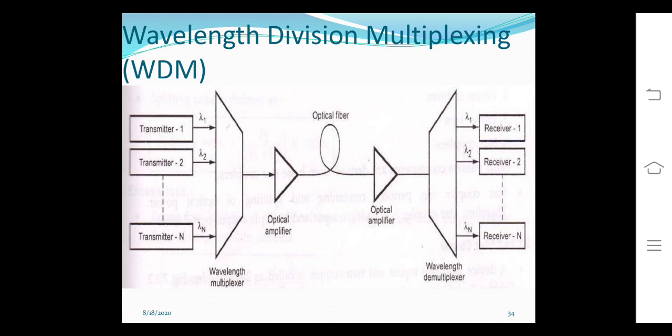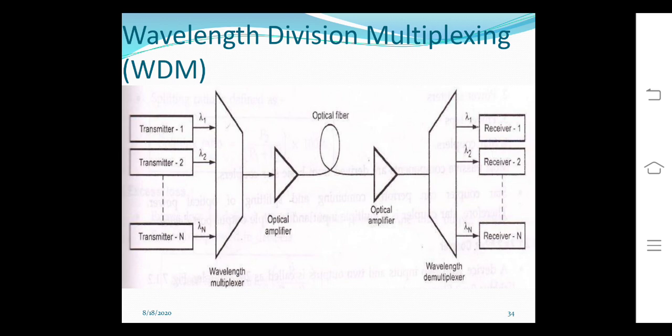Now we can see the wavelength division multiplexing: transmitter 1, transmitter 2, and n number of transmitters. Then the wavelength multiplexer will multiplex all the wavelengths and transmit them onto a single optical fiber. The signal is amplified using the optical amplifier and transmitted through this fiber to the receiver.